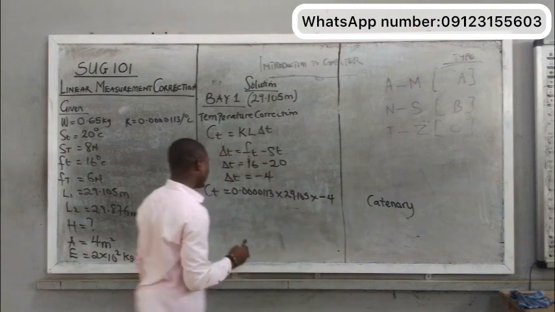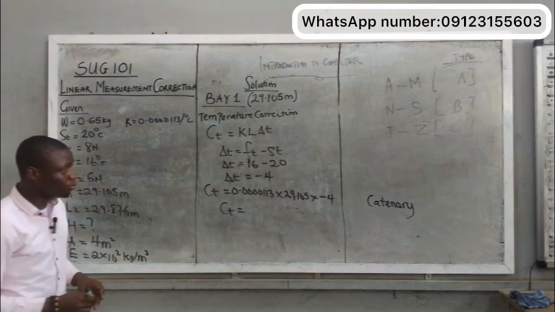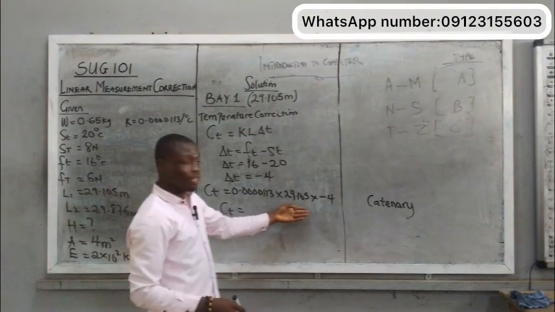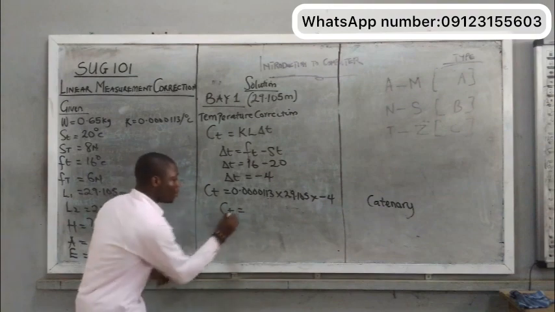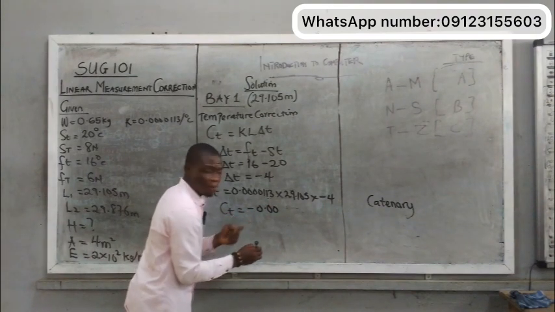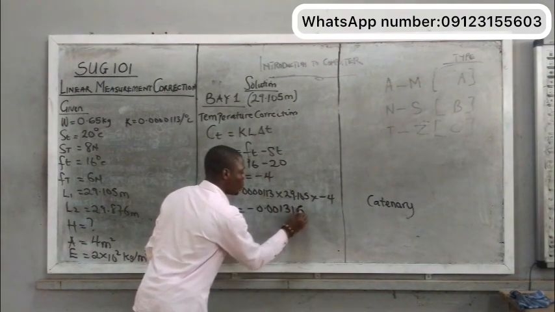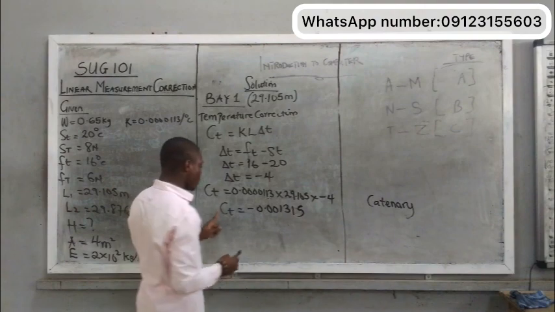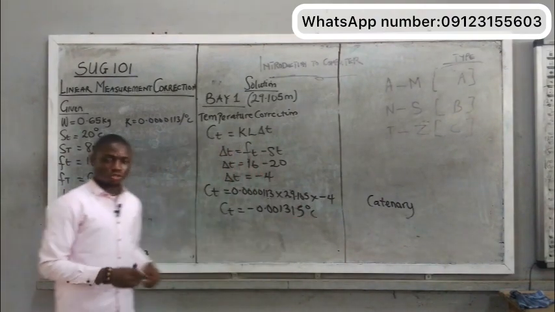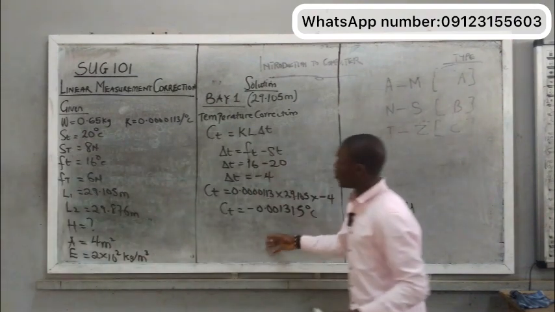Multiply all of this, and the temperature correction is minus 0.001315. Temperature is in degrees Celsius. So this is my temperature correction for part 1.